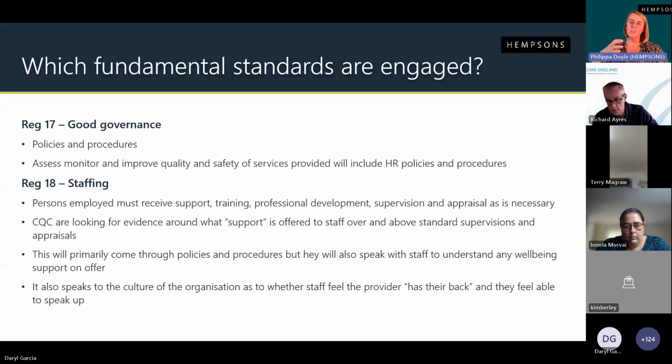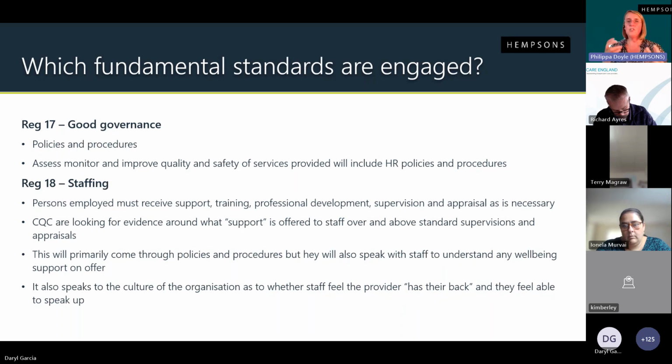And it's very much cultural. So it'll come out to a certain degree through policies and procedures. But when CQC speak to staff, they'll really get that understanding of whether staff know what wellbeing support is on offer to them. Not just that, oh, well, we've got this thing on the intranet that we can click on if we want to, but nobody ever looks at it.